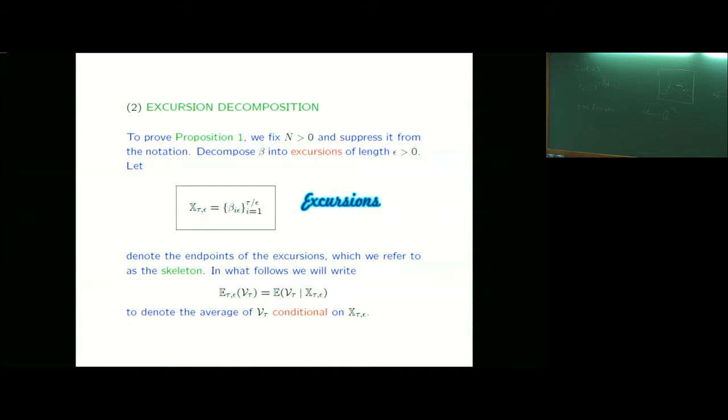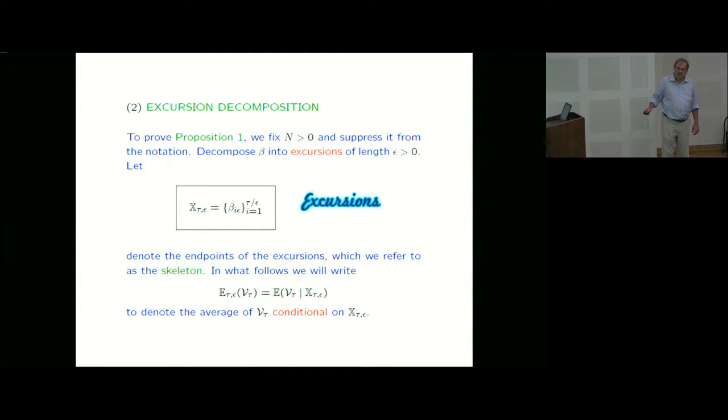So if I fix the skeleton and I take an expectation over the Wiener sausage in between, as a function of what's happening in between, then I write that as a conditional expectation. So here it means you've averaged out the volume and you only keep track of how this depends on this fine skeleton.